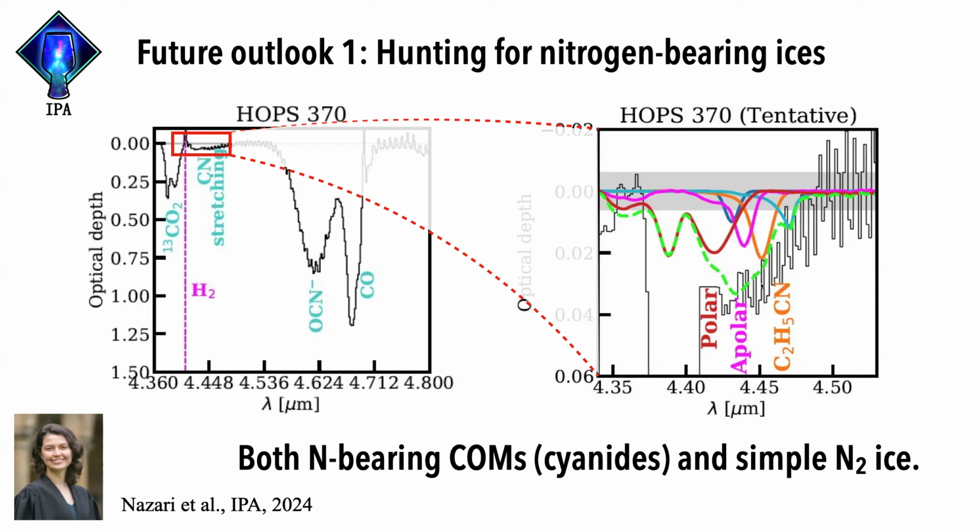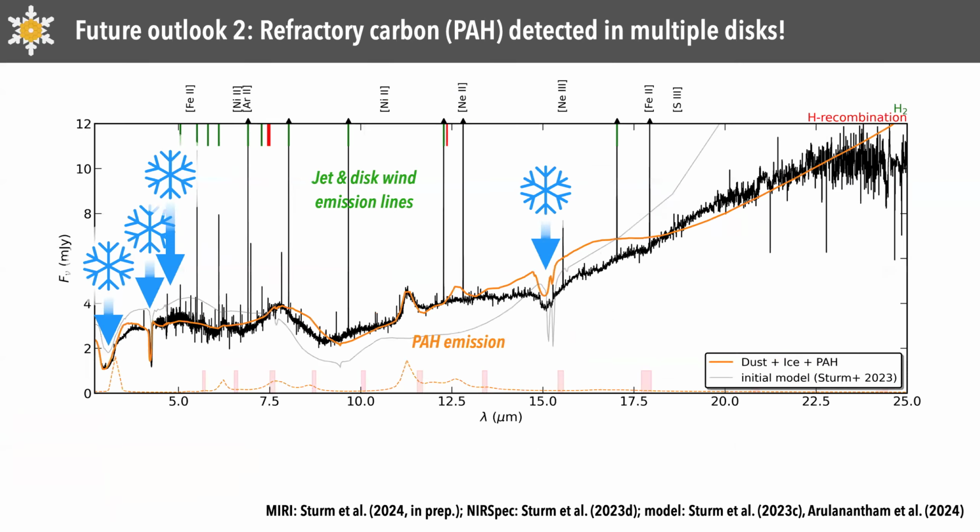That's one thing, and also looking for N2, which is the simplest nitrogen-bearing ice, and we think that's the main ice that carries most of the nitrogen in these disks. However, unfortunately, it has a feature that overlaps with the main CO2 feature, so it's very difficult to disentangle them. There may be efforts in the future to do that disentanglement and get out how much N2 ice we have.